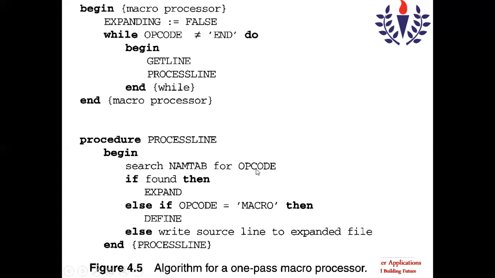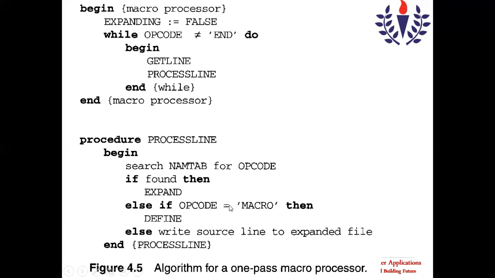Means it will search whether there is any name in the table. The name table, as we have discussed in the previous slide, will represent the name of the macro. So it will search that name table for the opcode. If that name is found, it will expand the code. Okay, because the name is already there, that means the macro's definition is already there, so it will perform the expansion.